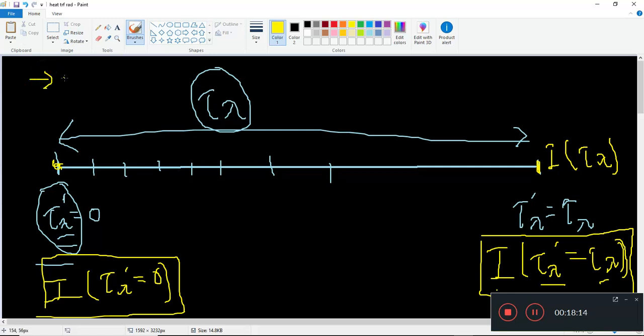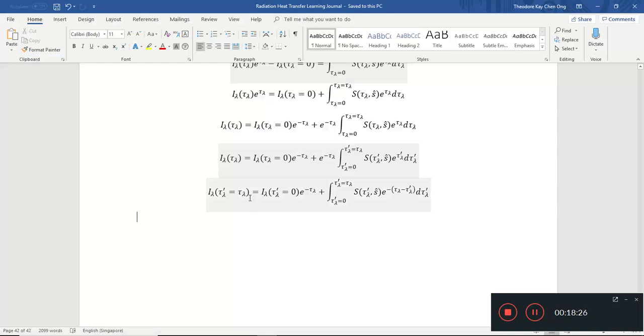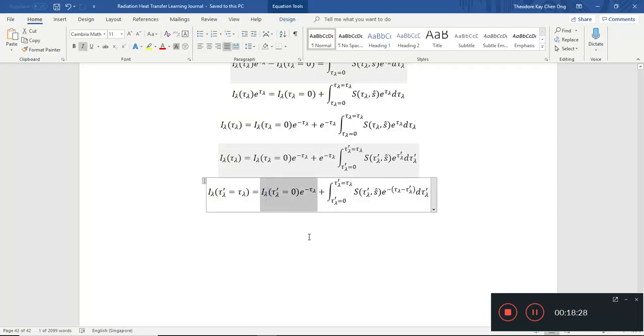We know that as we travel through some optical medium, it's going to attenuate, right? It's going to attenuate according to the optical thickness. So that's what you see here in this first term.